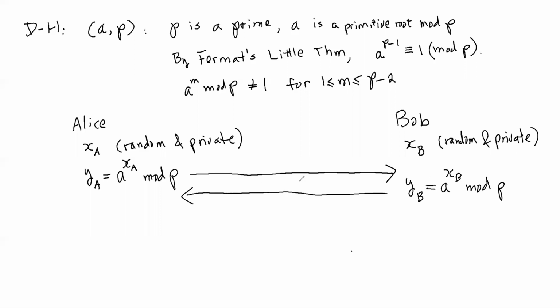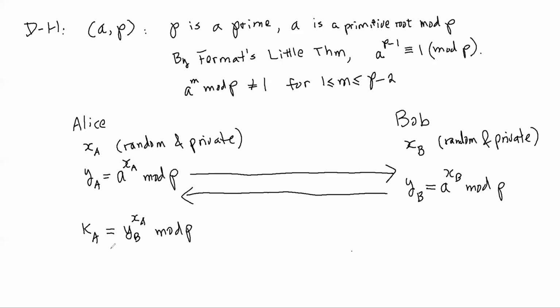When Alice gets this YB, what she does is compute KA, which is YB to the XA's power mod P, because Alice knows XA, Bob doesn't, of course. Nobody else should know XA, by assumption of this protocol.